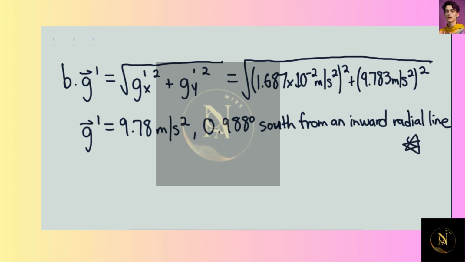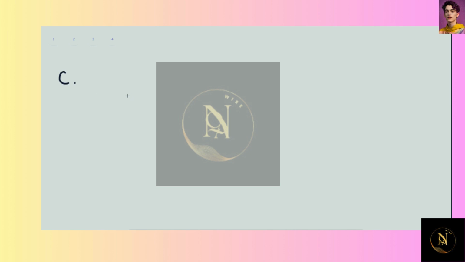And then for part C, we're trying to evaluate this at the equator. And so at the equator, we can say that g prime would equal g minus omega squared r. Again, at the equator, the effect of the rotating reference frame is directly opposite to the true acceleration due to gravity. And so this would equal g minus omega squared times the radius of the Earth.